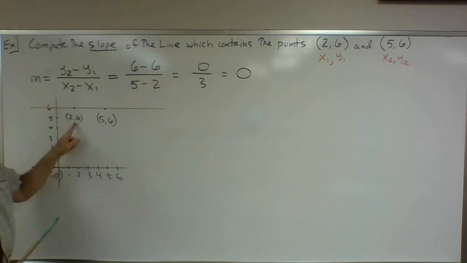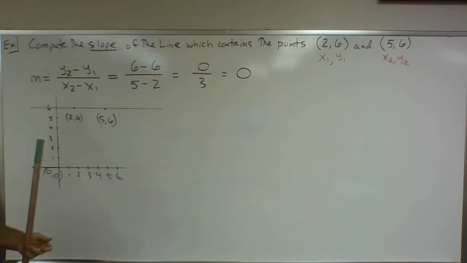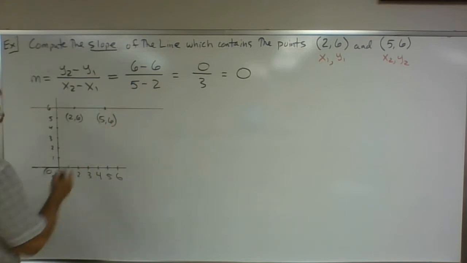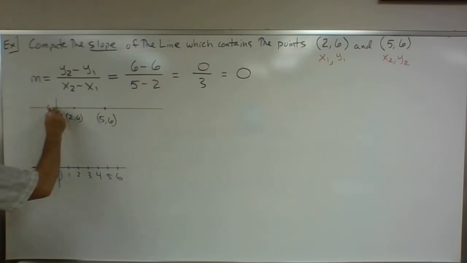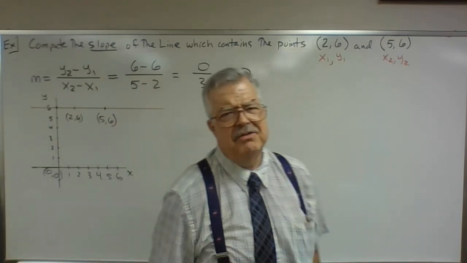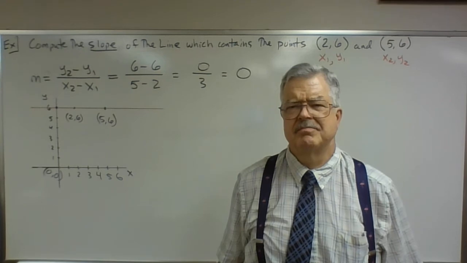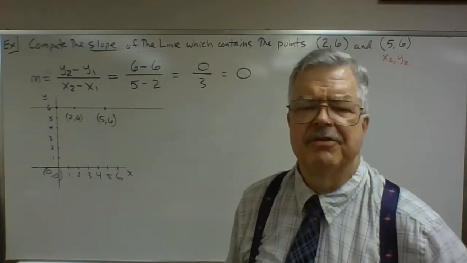We draw a line that goes through the points (2, 6) and (5, 6). Do you see where it intersects the y-axis? It intersects the y-axis at y equals 6. Well, that tells us something. Let's think about what it tells us.